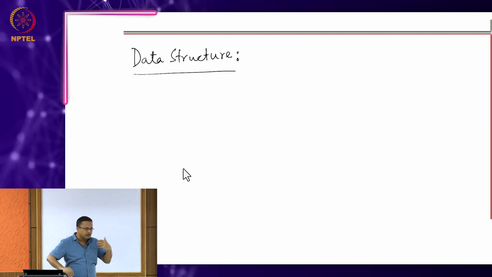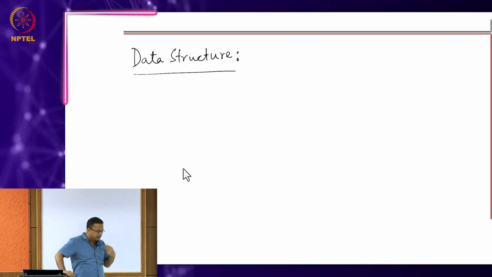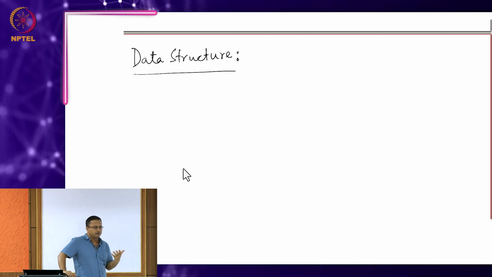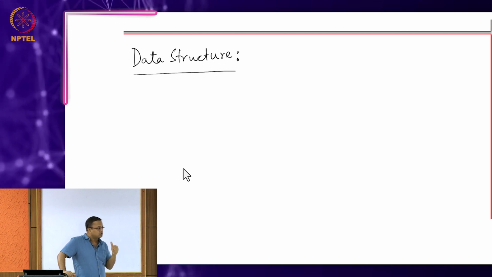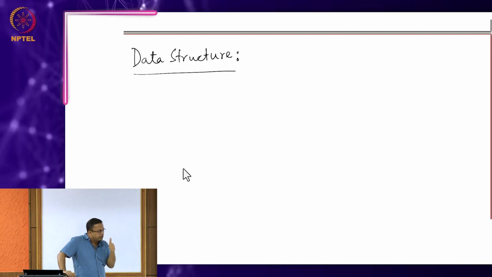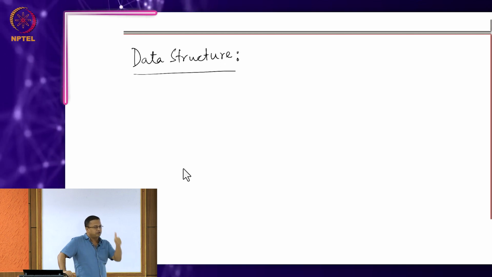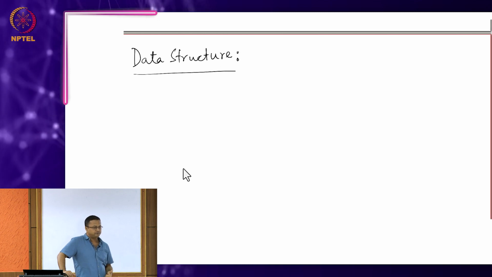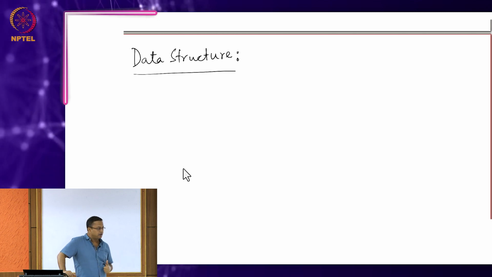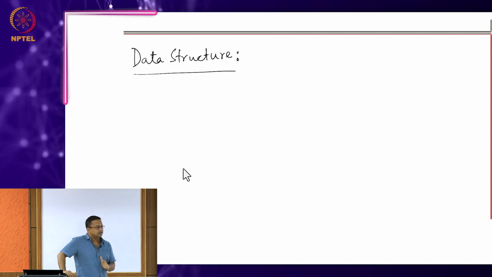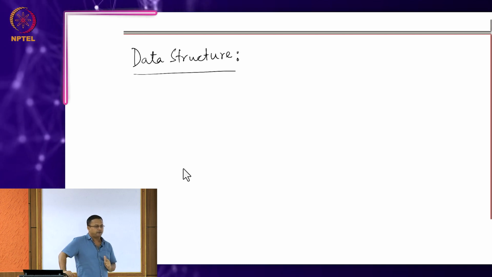So, when you design a data structure, you should be very clear in your head what your requirements are out of the data structure. So, this is one thing you should keep in mind. This should tell you what are the fundamental operations that you need on this data structure. Number one.